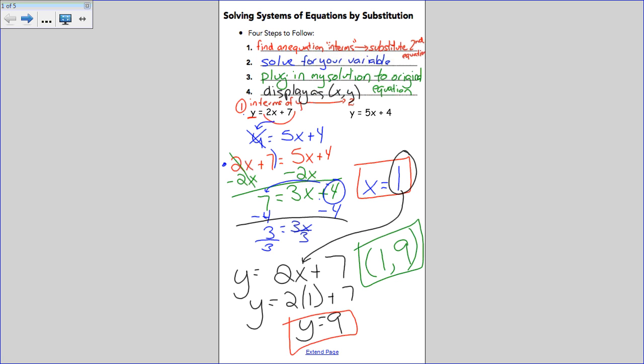This is my answer. Remember, systems of equations are just talking about the point of intersection. It wants to know the point that two lines share. On most lines it is just one point, and it's displayed as an ordered pair. You did that when you were graphing. This is just the same process, except you don't have to graph this time, it's using algebra.